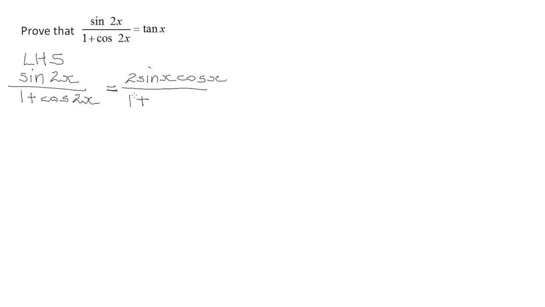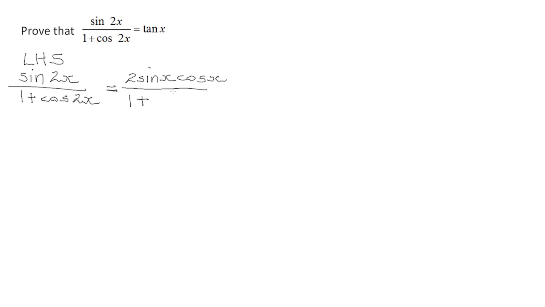Whoo! Now I need to look at my right-hand side. Even worse, my right-hand side gives me tan x. But if I look at formula number 5, then I will see there that tan x is equal to sine x over cos x. In other words, I already have sine x on top. I need to cancel out that cos x.